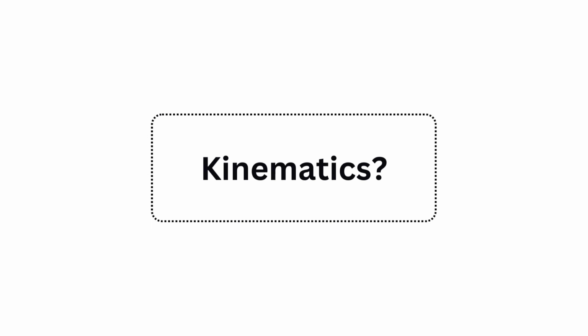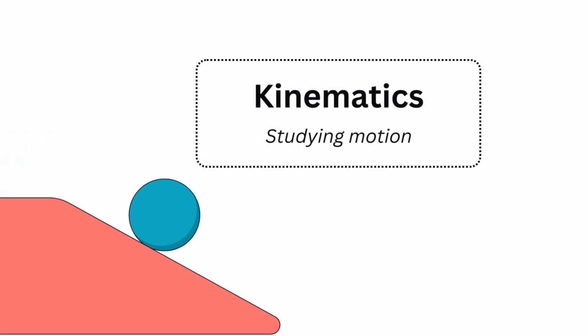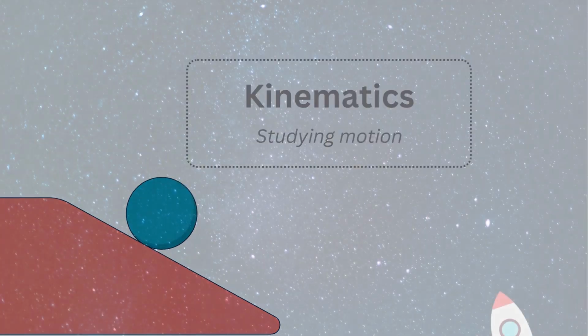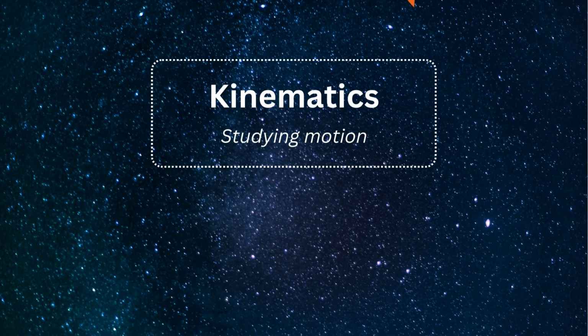To do that, we must remind ourselves of the main goal of this entire chapter, which is to know how to study motion. Now, it could be of any kind of object. It could be this object sliding up and down the slope, or even of a rocket ship launching up in space.